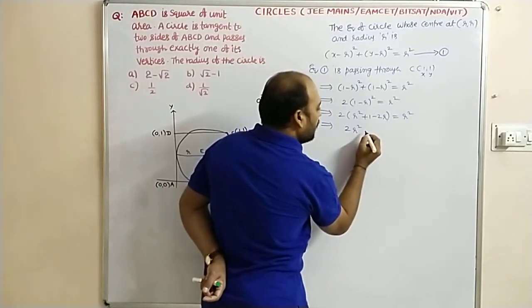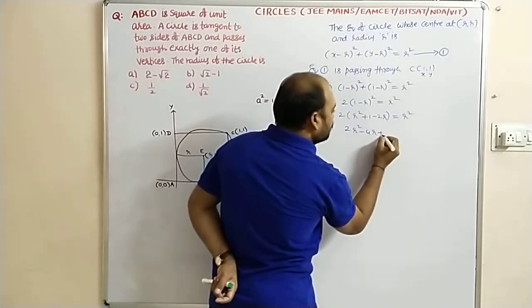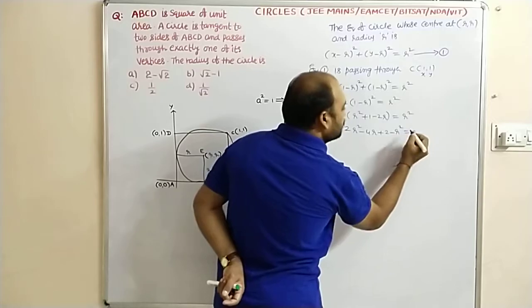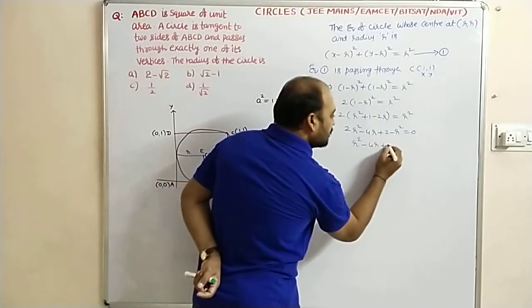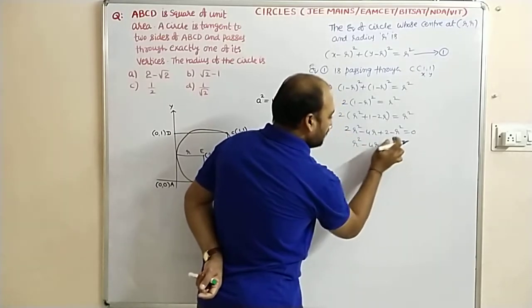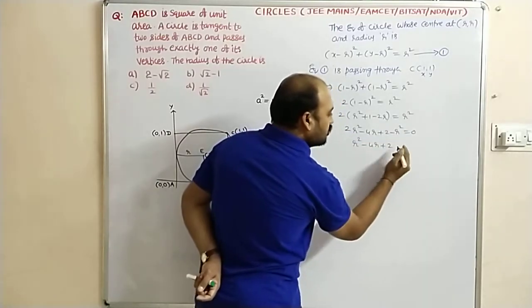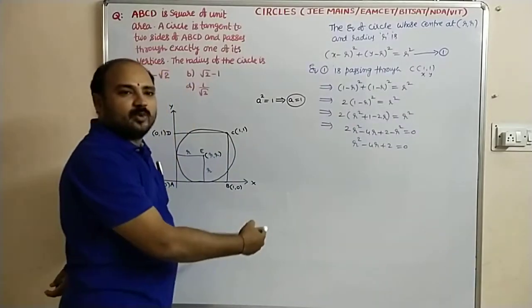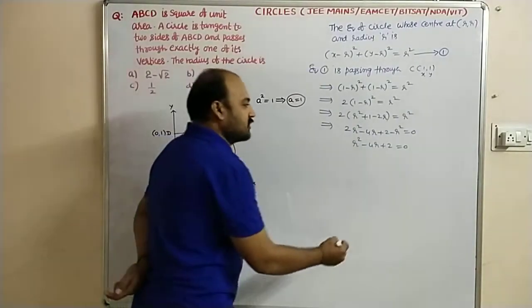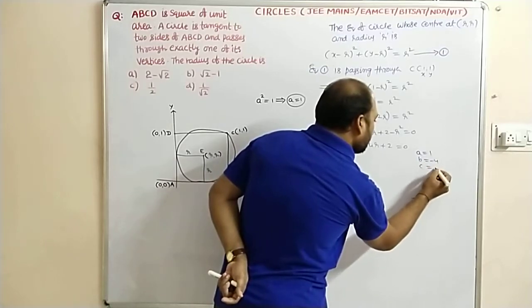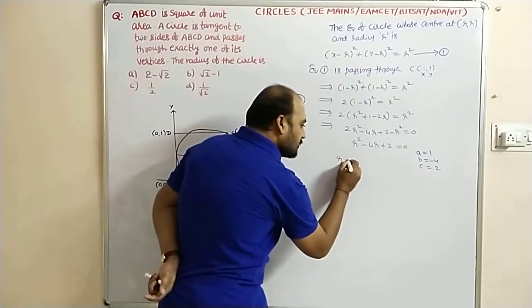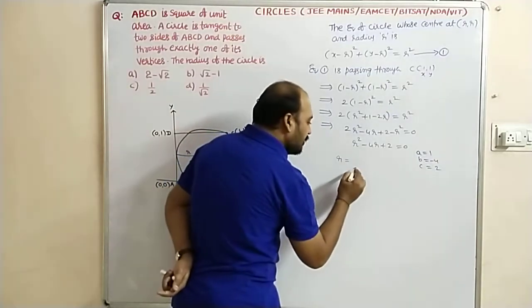So 2r square minus 4r plus 2 minus r square equal to 0. 2r square minus r square is r square, so r square minus 4r plus 2 equal to 0. It is a quadratic equation in terms of r. Here a is equal to 1, b is equal to minus 4 and c is equal to 2.